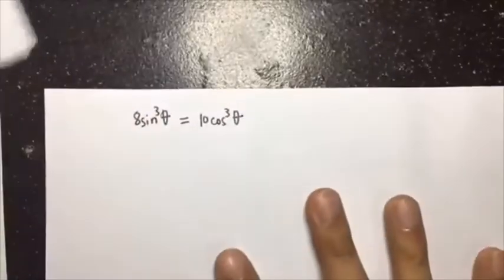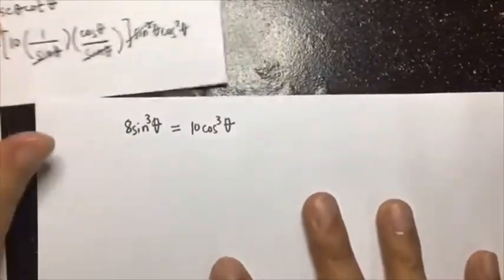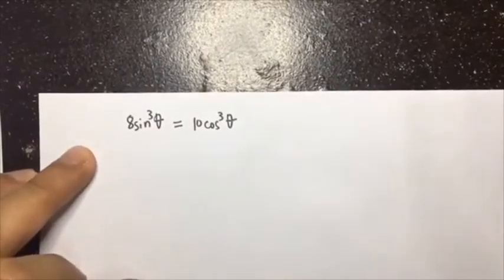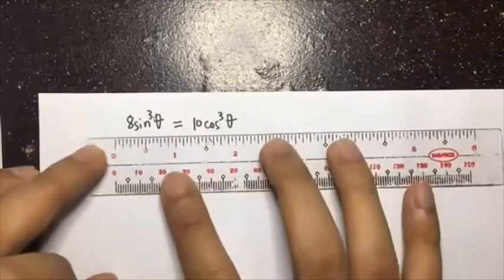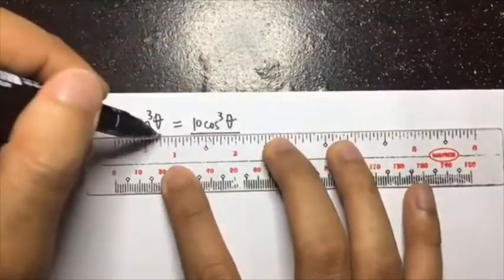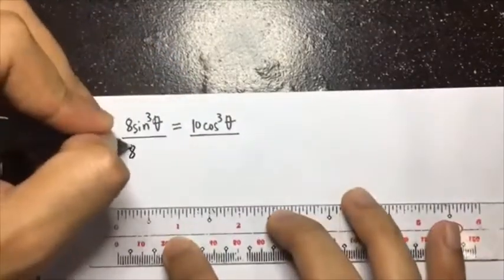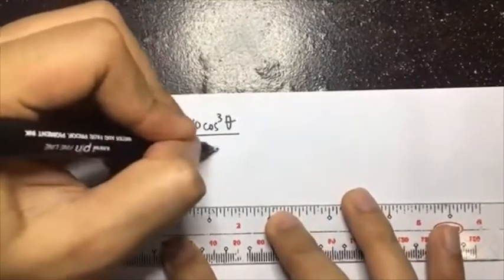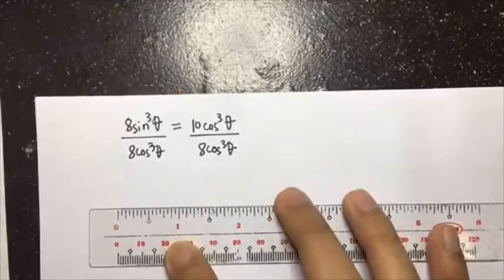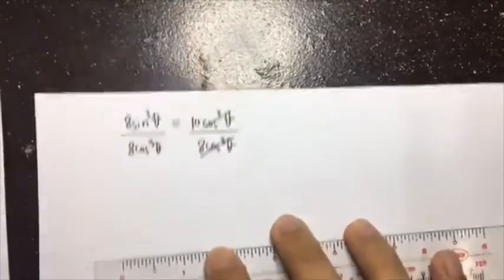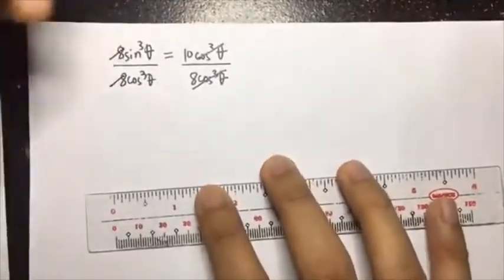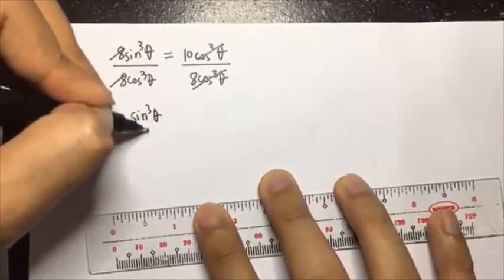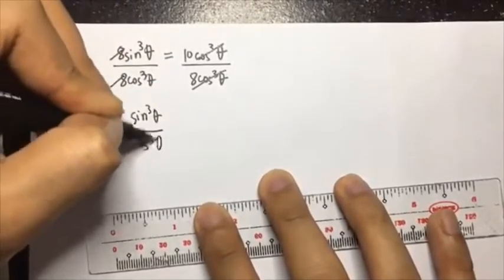Okay. So, we can divide both sides by 8 cosine cube theta. What will remain is sine cube theta over cosine cube theta.